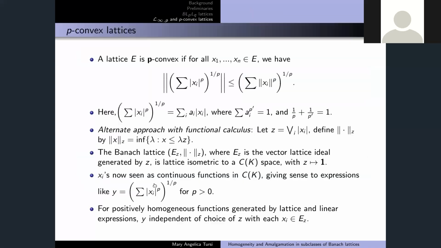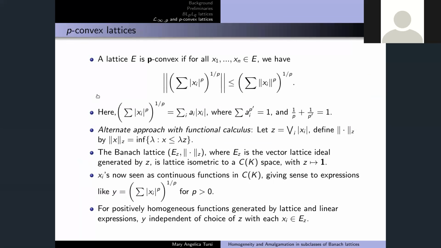So I don't have too much time left, but I'll go quickly into a different approach when it comes to the cases of script L infinity P. If we let one of the PQs just be infinity, in particular the outer one, we get lattices that are p-convex.